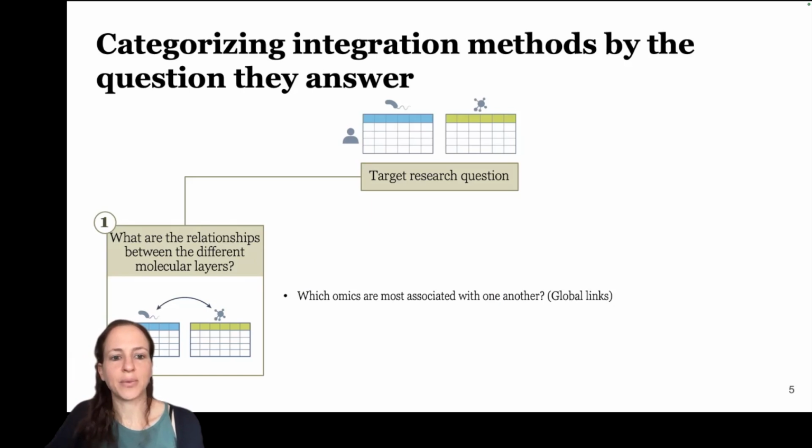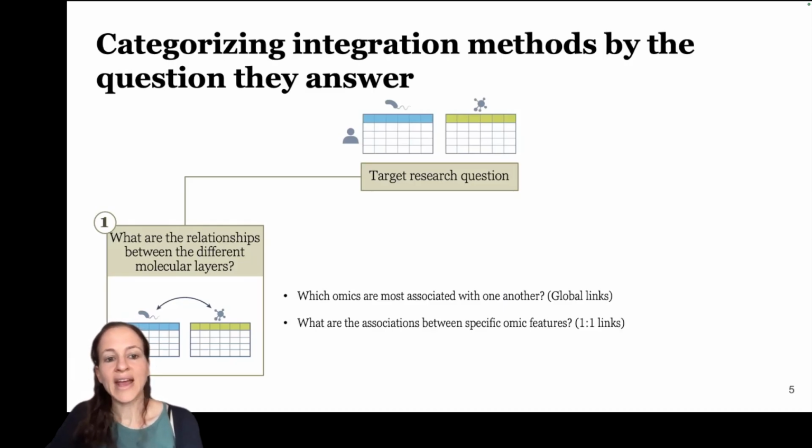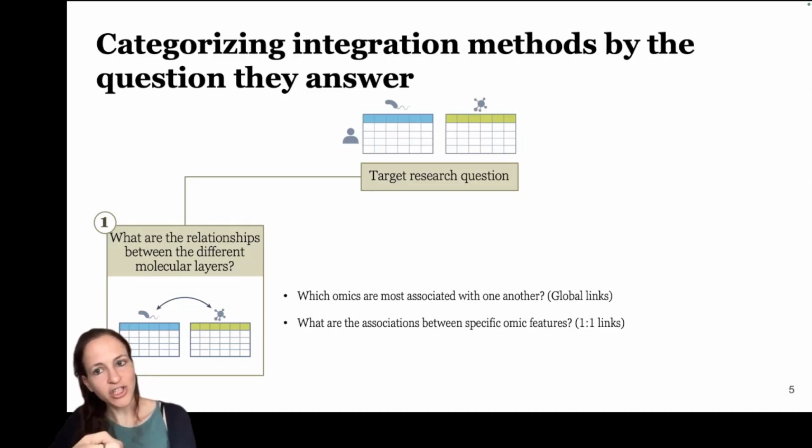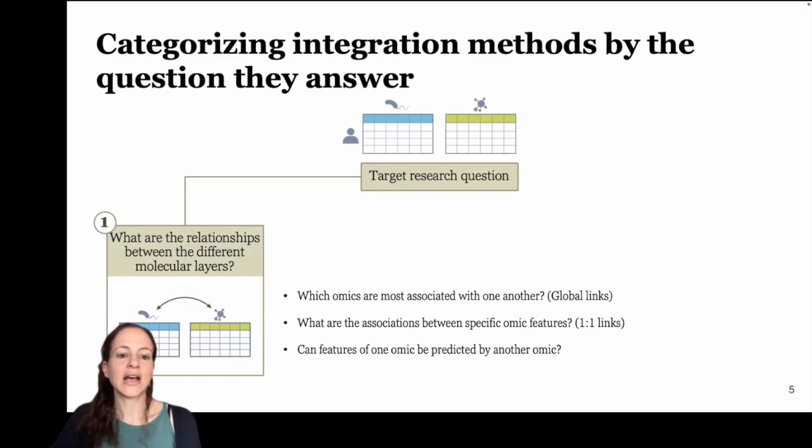We can, for example, ask which omics are globally most associated to one another, which omics are less associated. We may ask what are the associations between specific features from different omics, for example, specific species and specific metabolites. And we may ask also if we can predict one omic based on another omic. All of these relate to relationships between the different omics.